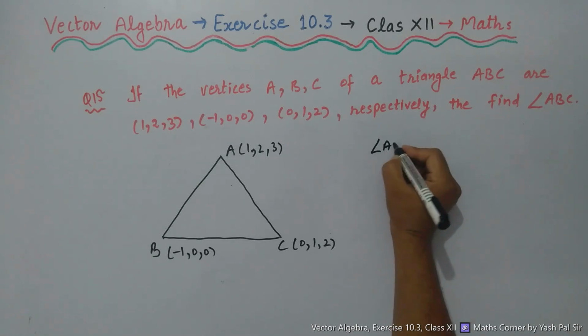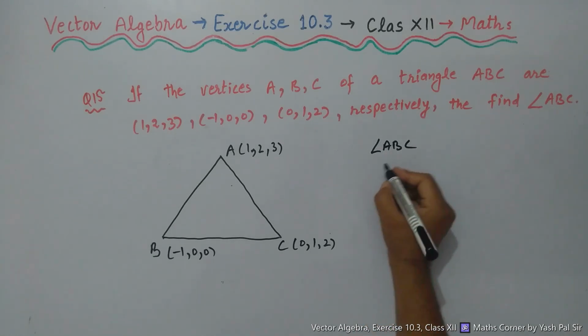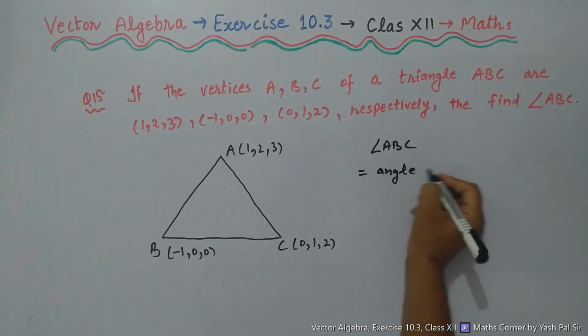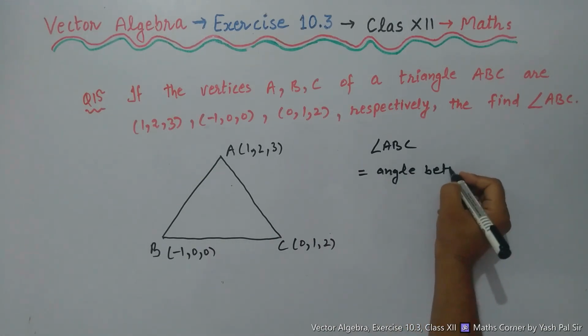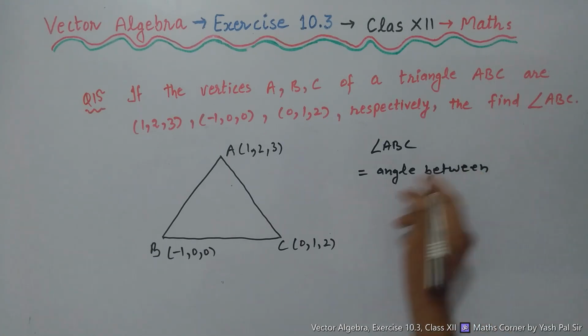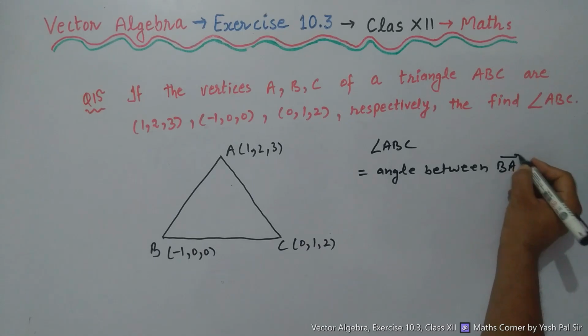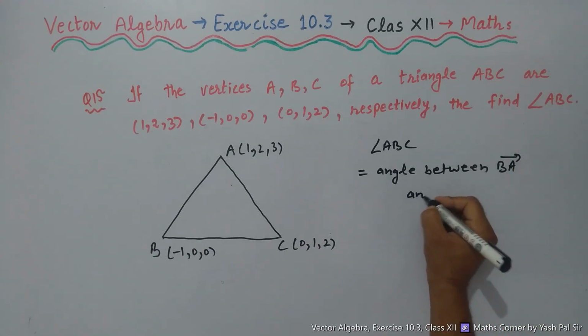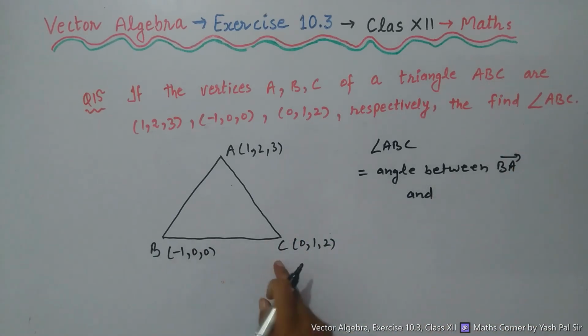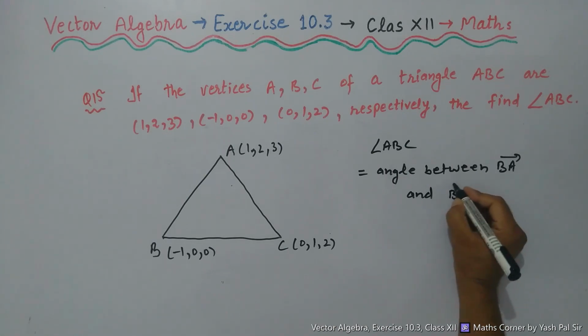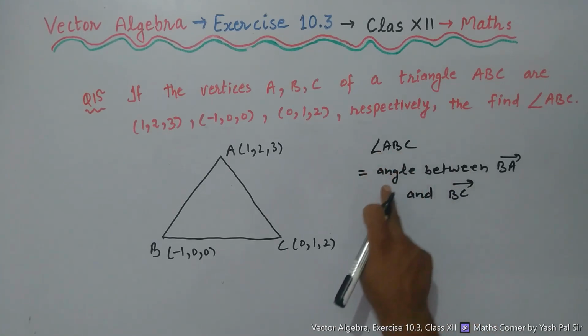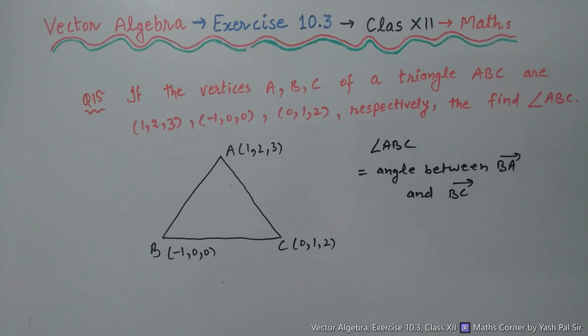Angle ABC is equal to the angle between the BA vector and the BC vector. Angle ABC is the angle between BA and BC.